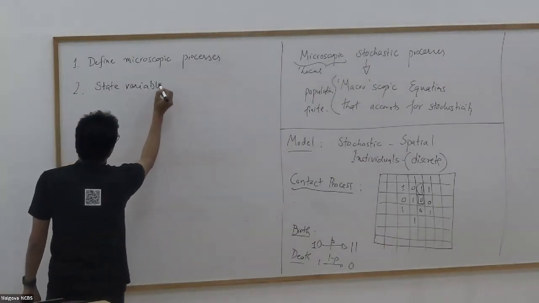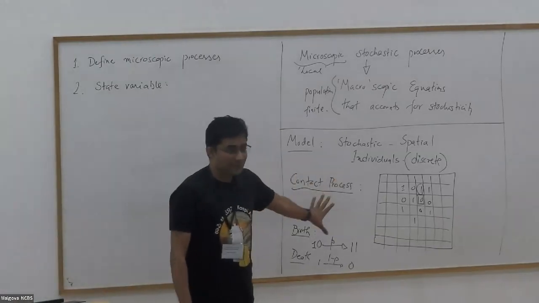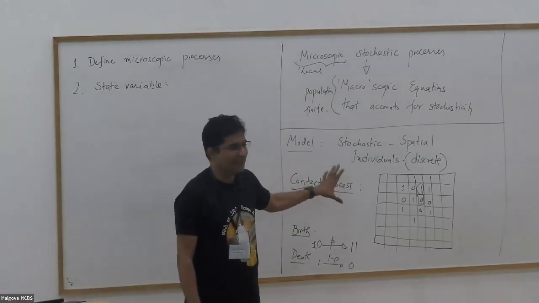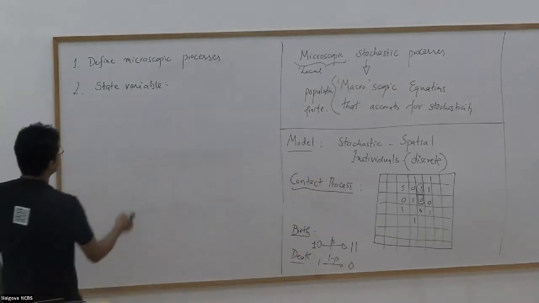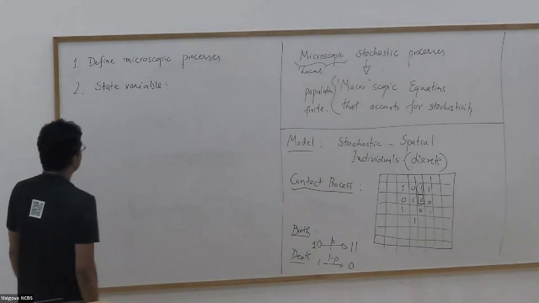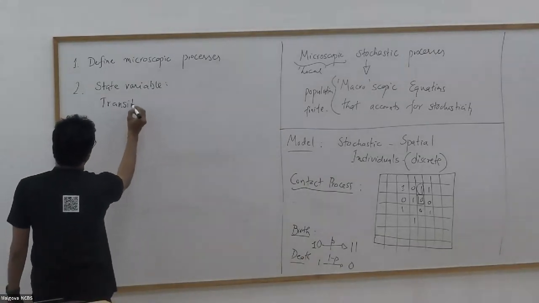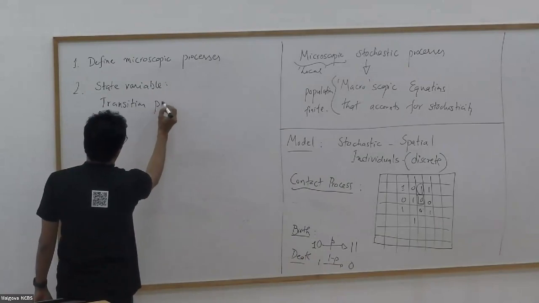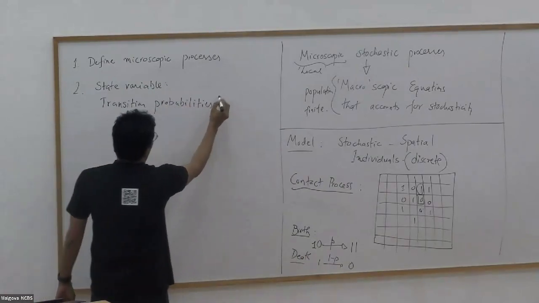What do you really want to study? So here we have to arrive at some decision of what our state variable is going to be. There is some very straightforward choice which we will choose. Once you have identified the state variable, you basically write the transition probabilities, or rates.